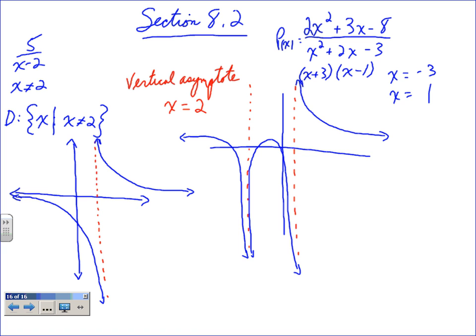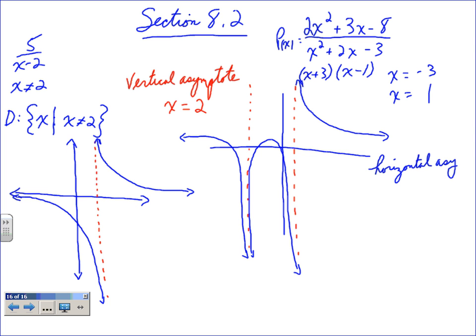Horizontal asymptote. And this is where you need to read the book. I think it's on page 492 in the blue box right in the middle of the page. It's going to explain what I'm going to explain right now. If the degree, we're looking at degrees. This is for horizontal asymptote only.